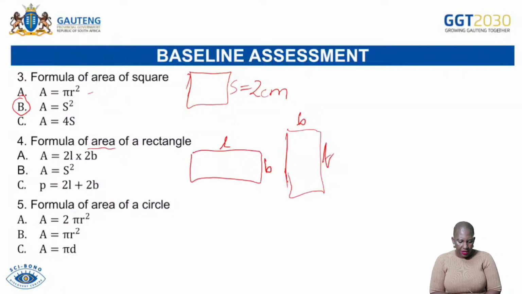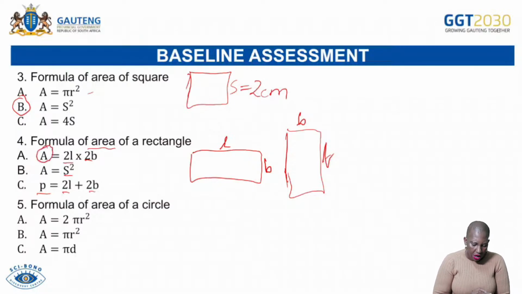Now let's see the formula for the area of a rectangle. It is what? It is 2 times length, 2 times breadth, or area equals S squared, or P equals 2L plus 2B. So the first one is the correct one, whereby we say area equals what?